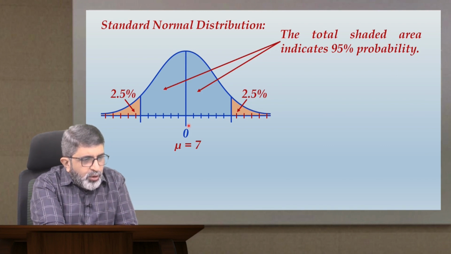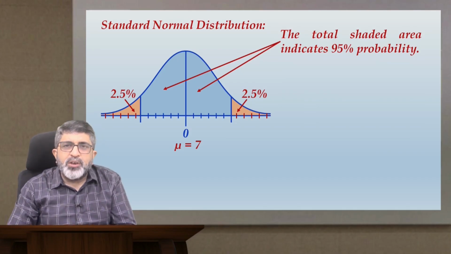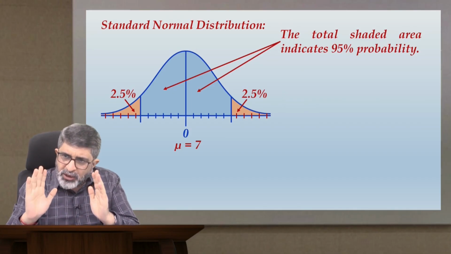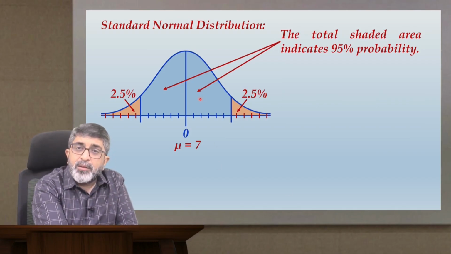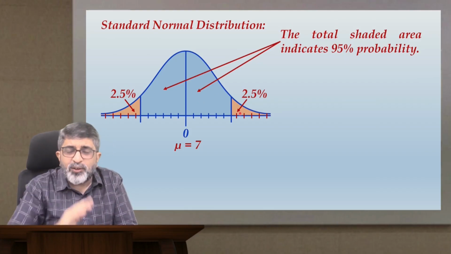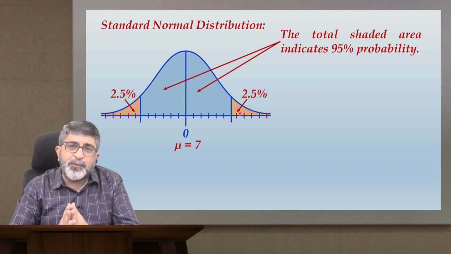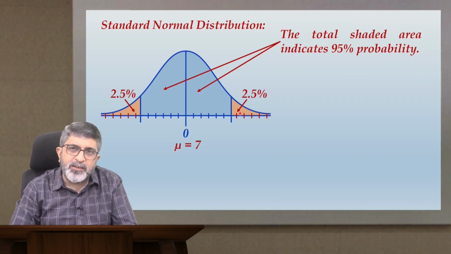Now, critical values, how to identify? Critical values you will be identifying through the Z table. So now you know one thing, that this blue region is a probability of 95%, and these extreme red markings on either side taken together are the 5% significance level, and individually 2.5% on each side.